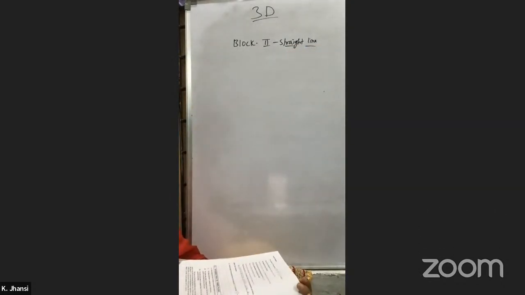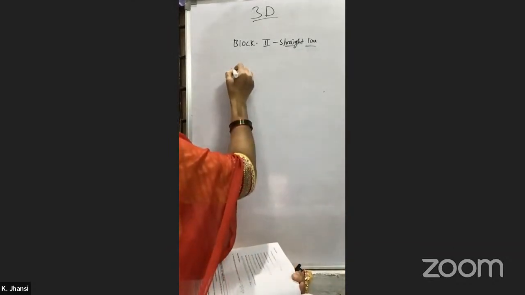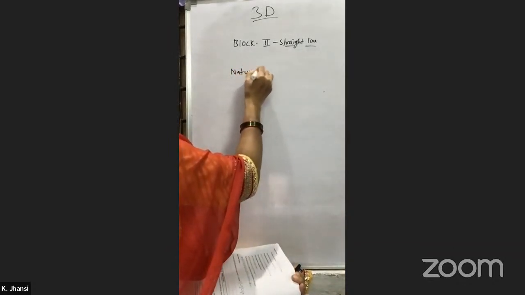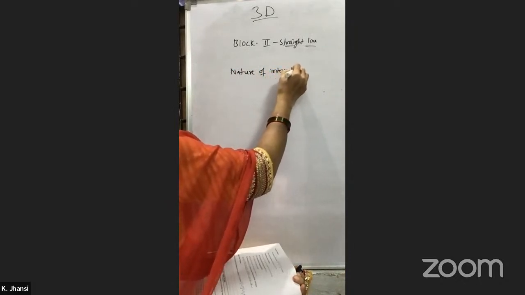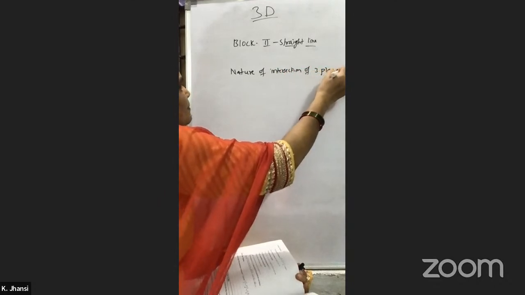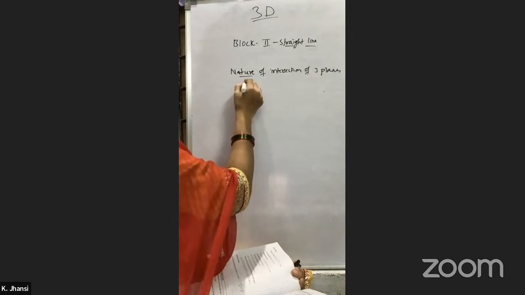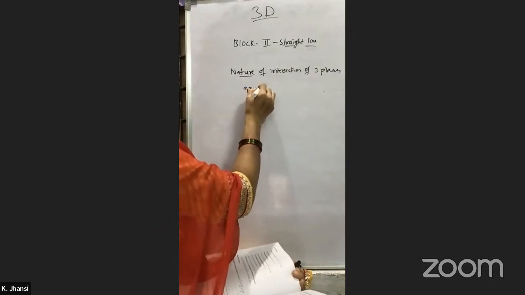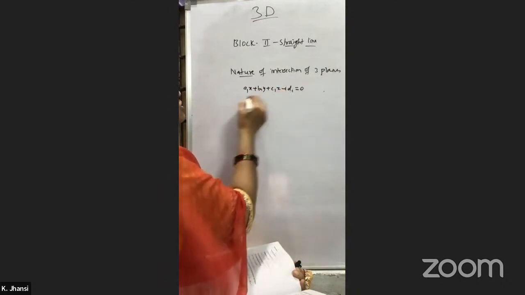Next one is the nature of intersection of 3 planes. The planes will be like this: a1x plus b1y plus c1z plus d1 equals 0.